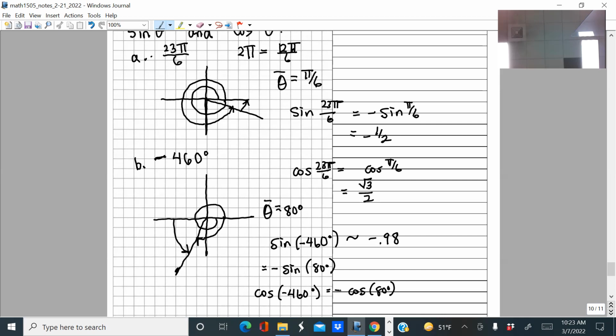Okay, so in this case, the reference angle is really not saving you time, okay? Because you're not going to find the exact answer in any case. You have to rely on the calculator. What is that approximate? Negative point what? Negative 0.17?